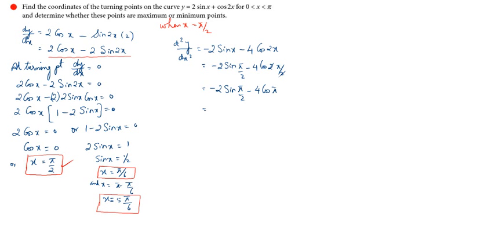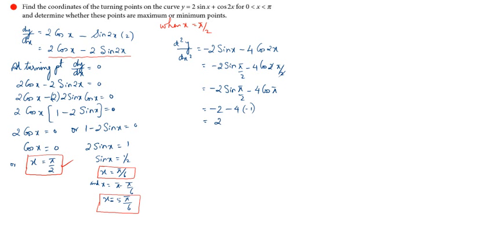Sine pi by 2, sine 90, is 1. So minus 2 into 1 is minus 2, minus 4 into cos 180, which is minus 1. So this is equal to minus 2 plus 4, which is 2.